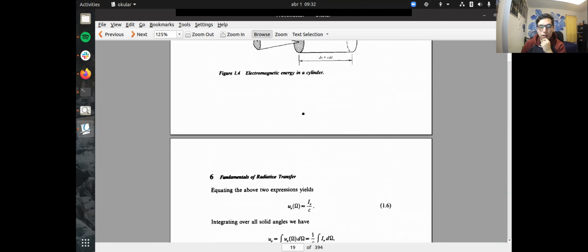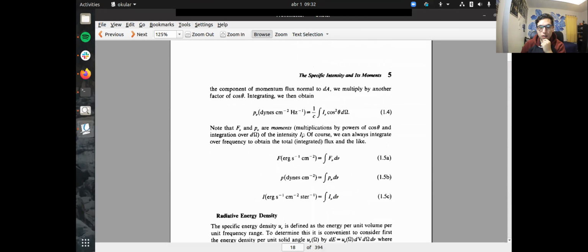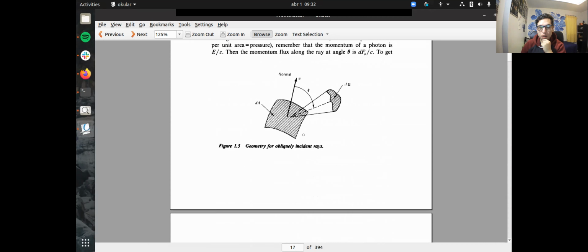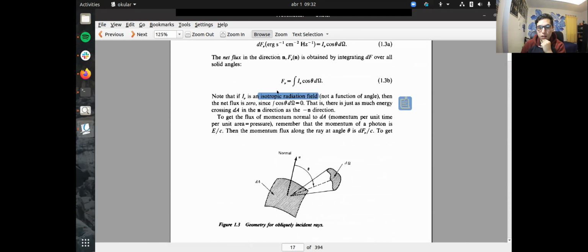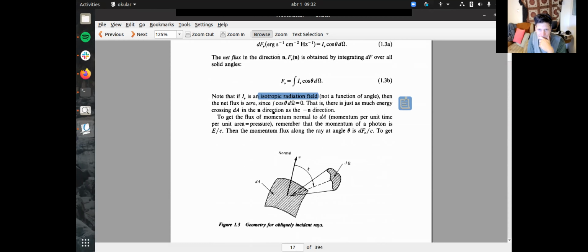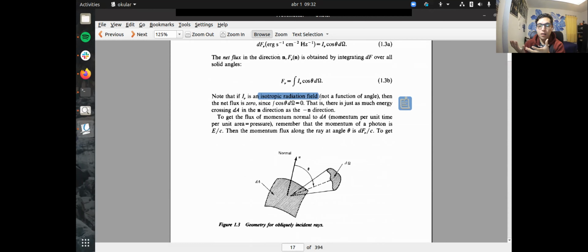Okay, so the answer is here: the flux of momentum normal to an element of area is the momentum per unit of time per unit of area. So the change in momentum is what we call the force. So the force per unit of area is the pressure.